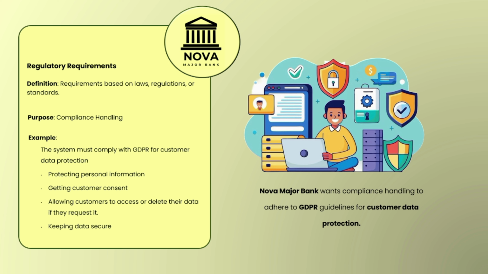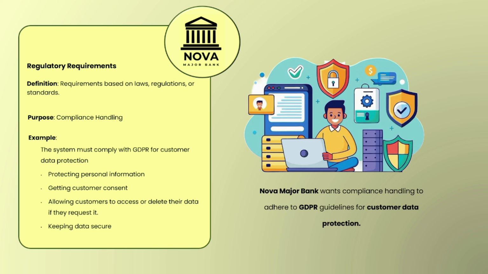So it can protect personal information, get customer consent, allow customers to access or delete their data if they request it, and keep data secure. So all these requirements are also documented by the business analyst in the form of regulatory requirements. So Noah Major Bank wants compliance handling to adhere to GDPR guidelines for customer data protection.